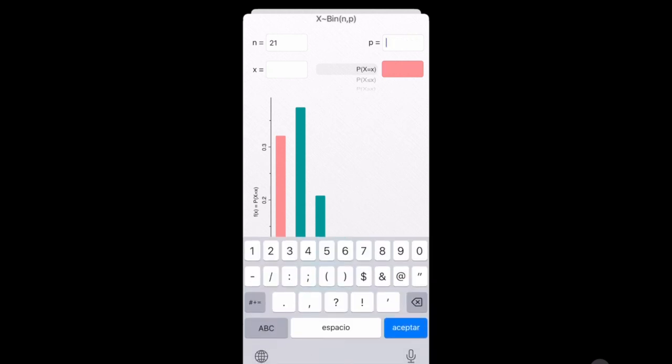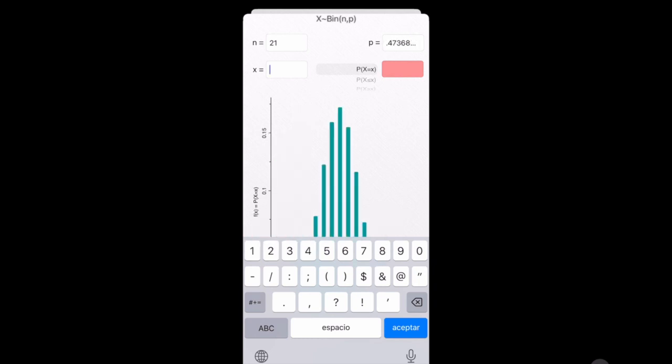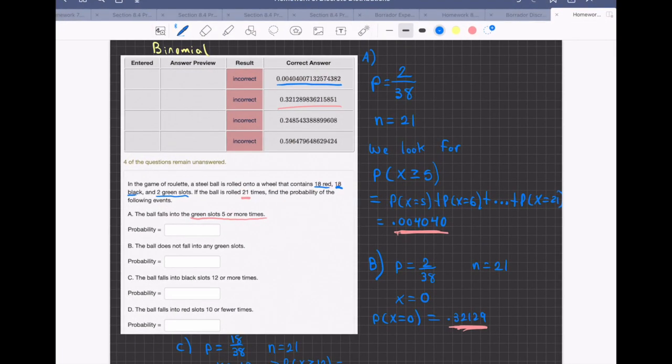Change the probability. In this case, it's going to be 0.47368421. And x equal to 12. And we need greater or equal. This, you see? 0.2485.